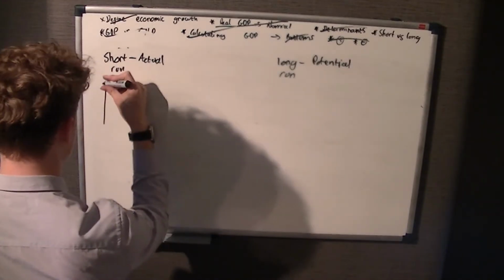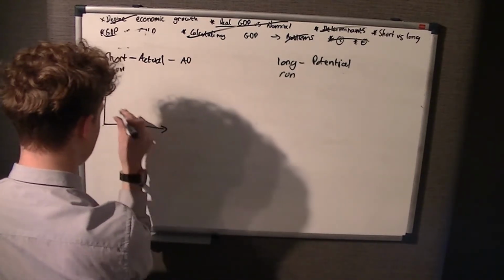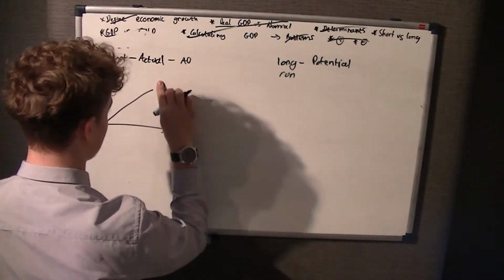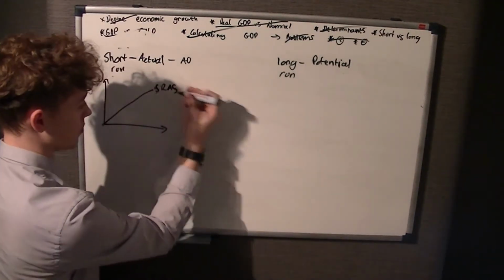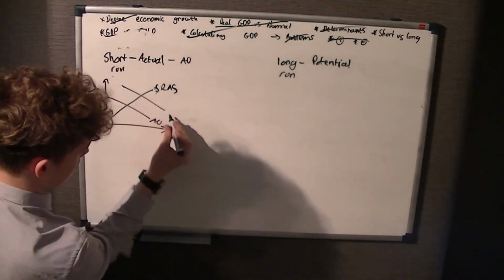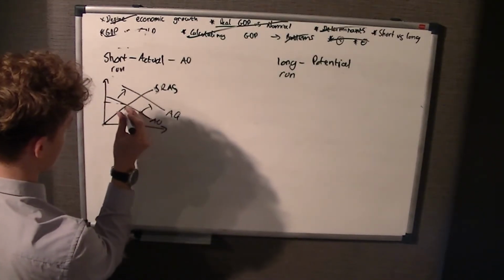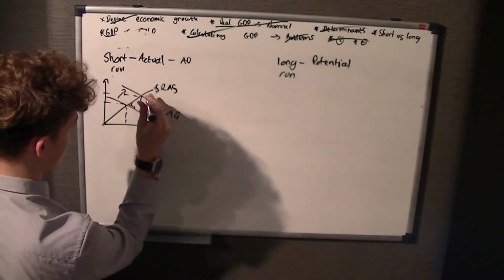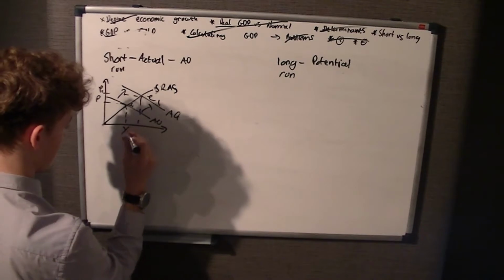Short run growth is an increase in aggregate demand. And you need the SRAS curve, short run aggregate supply, which we will cover in another video. So you've got your aggregate demand, you get your extension in aggregate demand, and equilibriums E, E1, P, P1, Y, Y1.